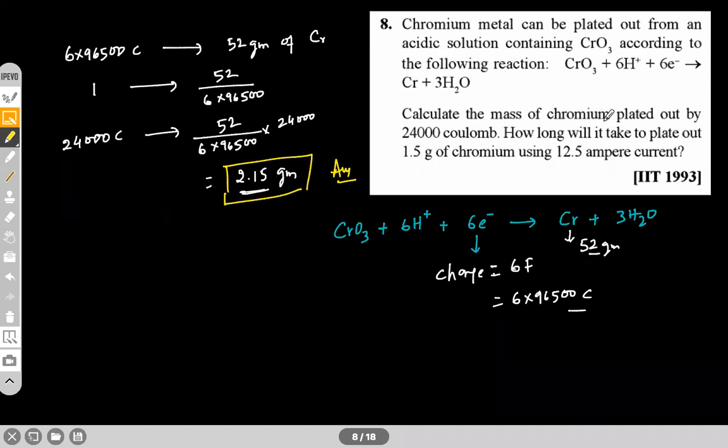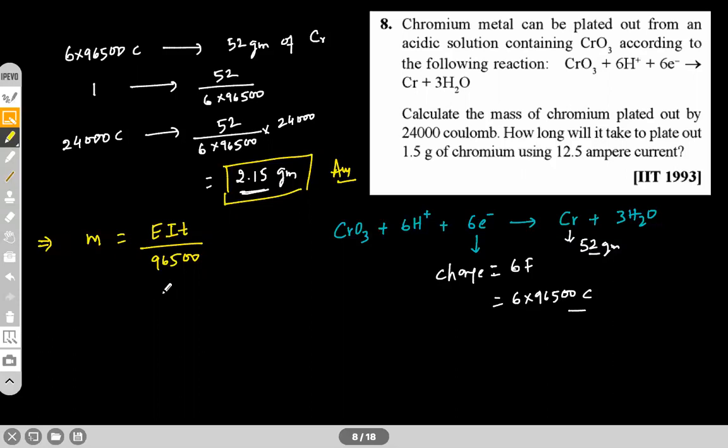How long will it take to plate out 1.5 gram of chromium using 12.5 ampere of current? Okay, so now you see, again we use Faraday's law of electrolysis. So M is equal to EIT by 96500. We need to find out time, T. And mass is given, that is 1.5 gram.